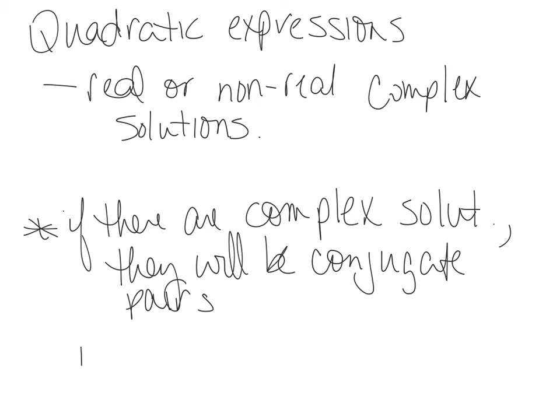You can have a real number and an a plus bi and an a minus bi, but these will always come in pairs. You can have as many real numbers as possible, but if you get any complex numbers, they're always a pair of complex numbers.